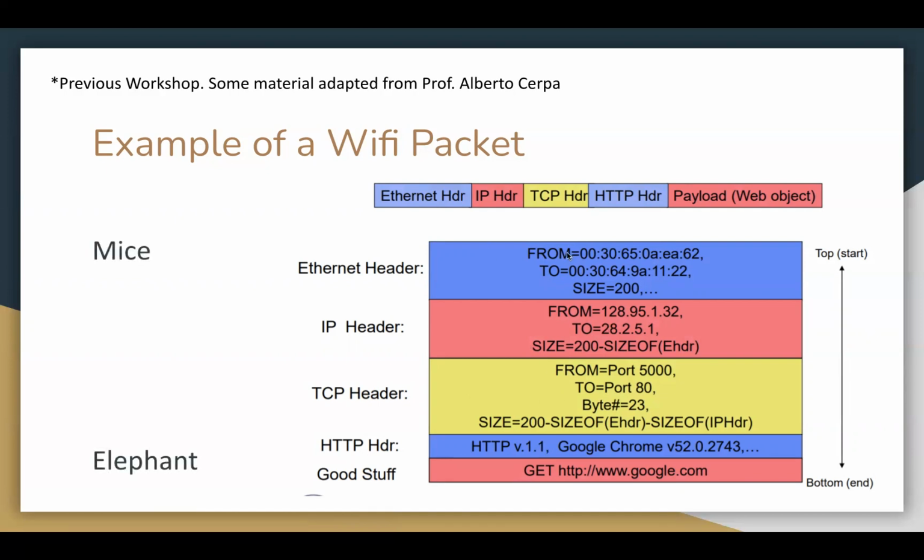Some commonly used terms are that these headers are all referred to as mice, and the big data that's stored right here is known as the elephant. This is because the header information is pretty small compared to a regular size payload that's stored in the data of the packet.